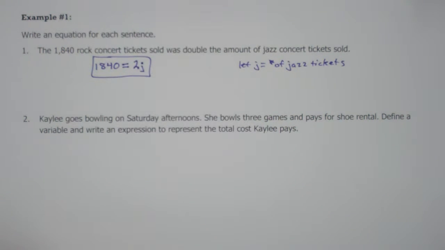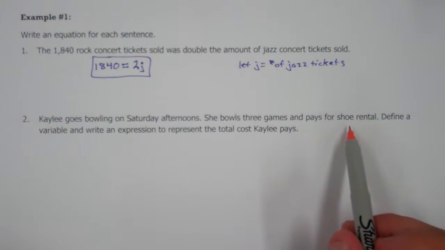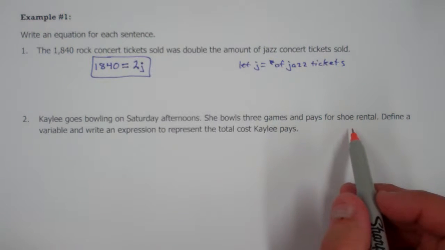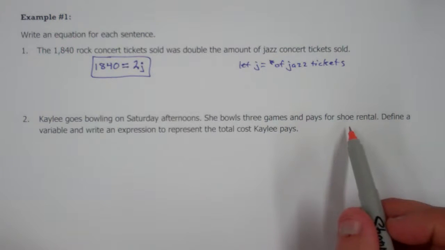If you haven't bowled at all, this might be tough, but I've done a little bit of bowling in my day, and usually when you pay for a shoe rental, it's just once per day. You don't pay for the shoe rental for each game. So the shoe rental is going to be the thing we don't know, so it has to be a variable.